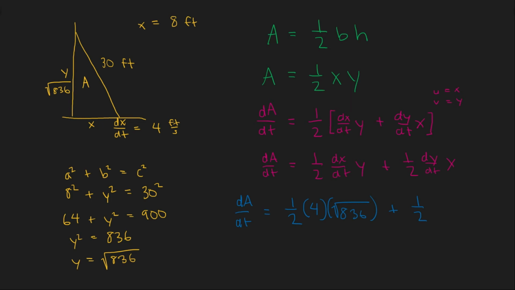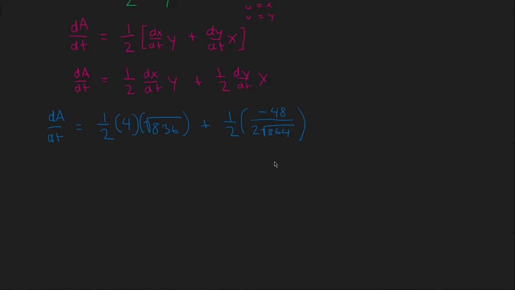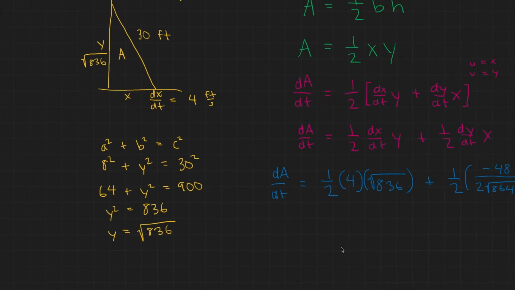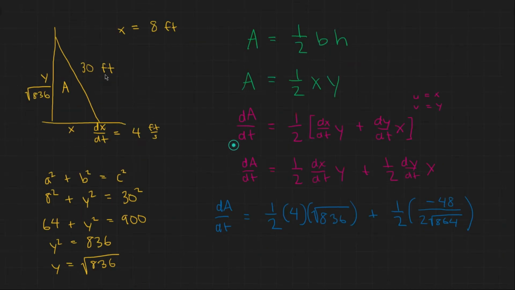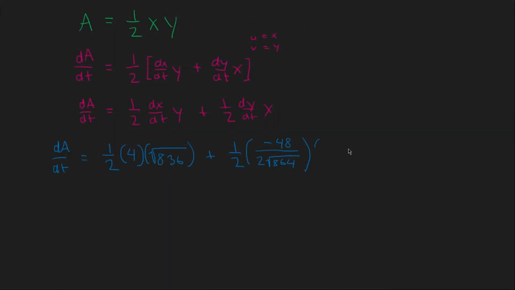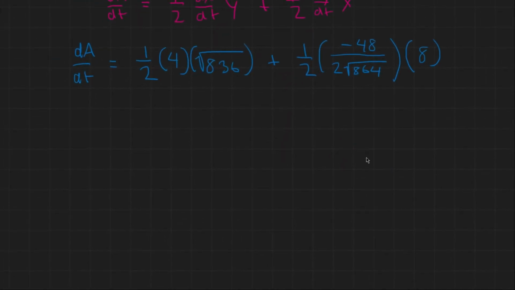We know that from last time, dy over dt is just going to be negative 48 over 2 root 864. Let me move this over. And then our x value is going to be 8 feet. So let's plug in that 8 feet. And from here, we have our equation, and now we just solve.